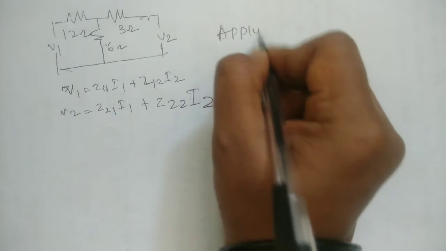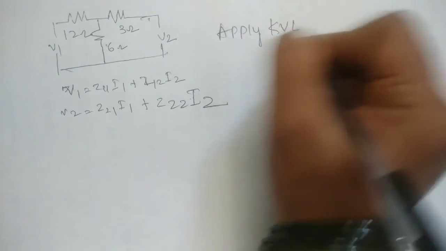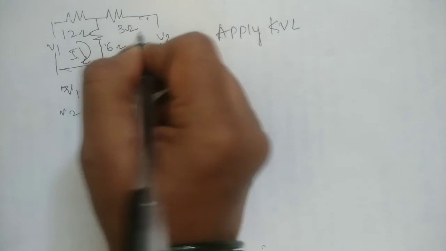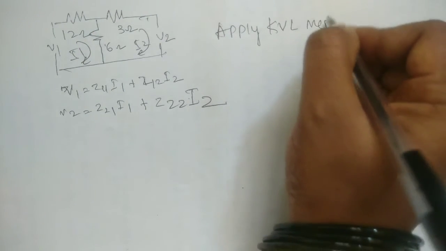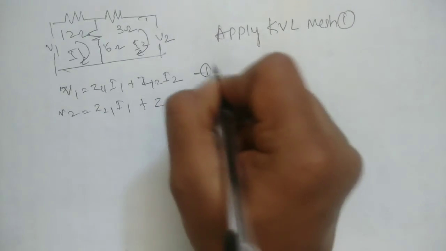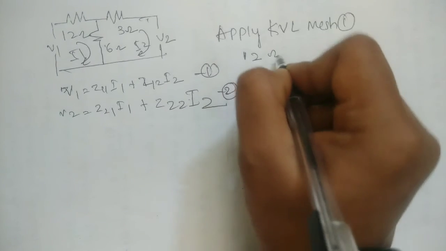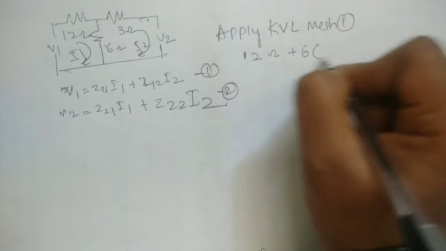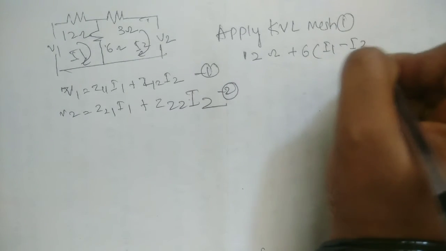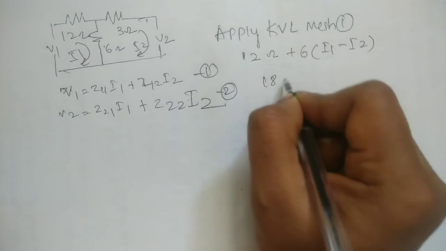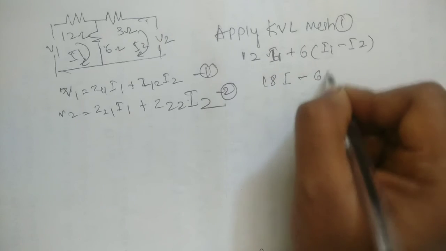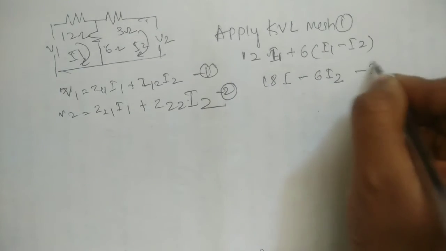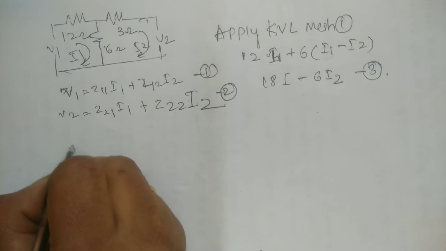Apply KVL. I1, I2. Mesh 1. What will you come? 12 ohm plus 6 I1 minus I2. 18 I1 minus 6 I2. This one is the equation number 3.